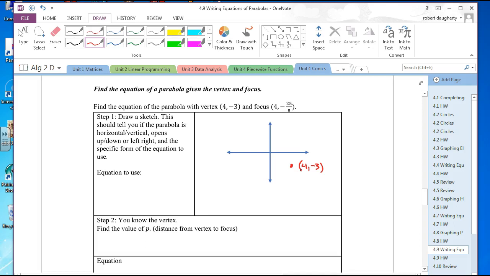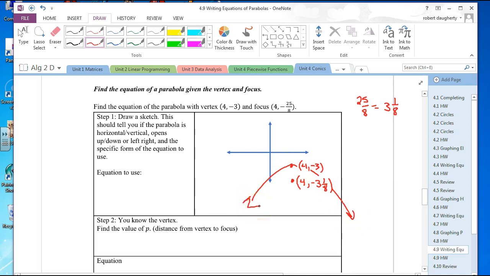Lower. So remember 25/8, that's just 3 1/8, okay? So the focus is going to be at 4, negative 3 1/8. Okay? So this parabola opens where? Down. If this is the vertex and that's the focus, you know that it has to do this, okay?